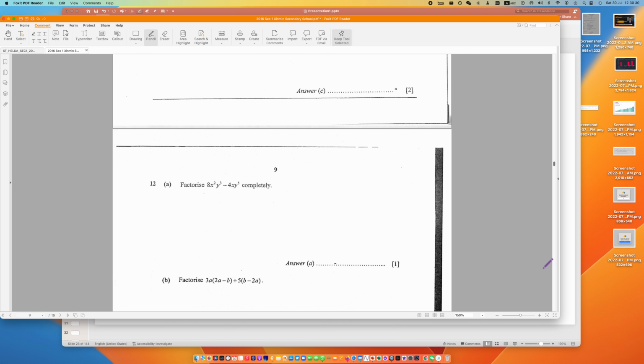Factorization. Did you split the 4 into 4 and 1 or not? I don't want to see you split 4 into 2 and 2. Negative 2 and 2, okay, also can.